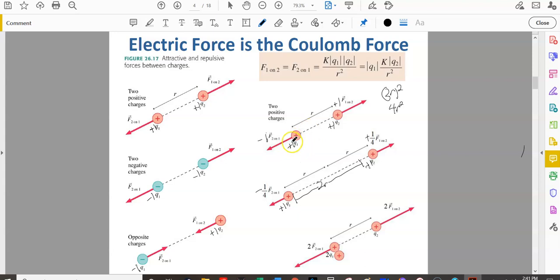Well, suppose you added another positive here. Now you're going to have a positive 2Q. If you put a positive 2Q here, that's only going to double the force. So that is going to now be a negative 2F to the left, and this is going to be a positive 2F to the right. So it's only going to double the force, right?